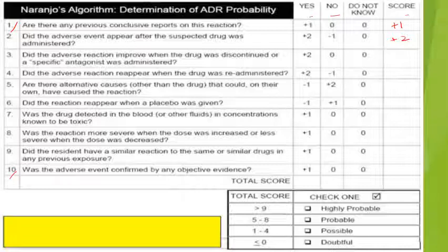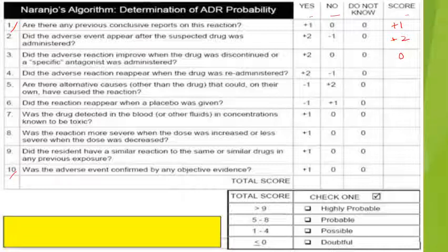Did you ask him to stop taking prazosin, or did you administer any antagonist? In this case we did not. See, no here means that you did discontinue the prazosin and it still didn't improve. So my answer here would be I don't know, so here it is 0.